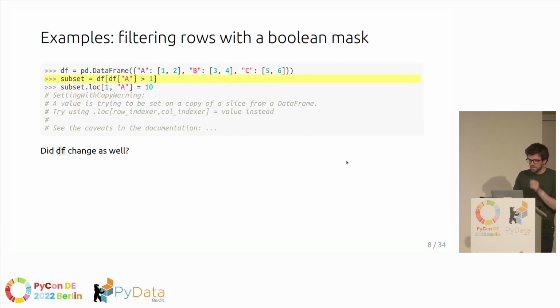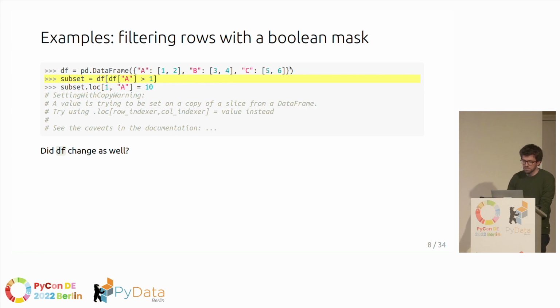So, a few examples to illustrate the problem. Small toy example, I create a DataFrame, df. I create a second DataFrame, which is a subset of the original DataFrame. In this case, by filtering the rows with a condition, with a boolean mask.